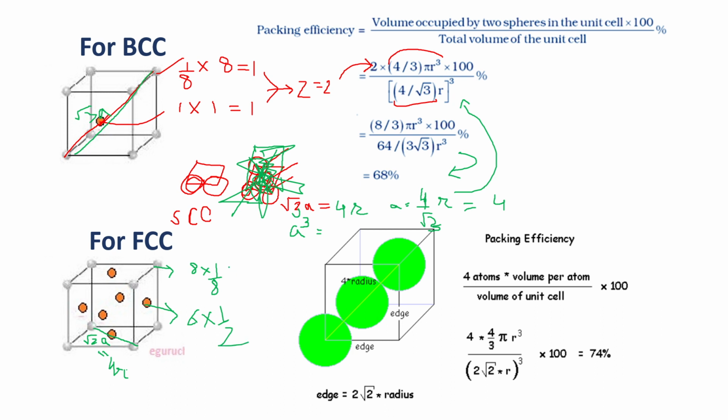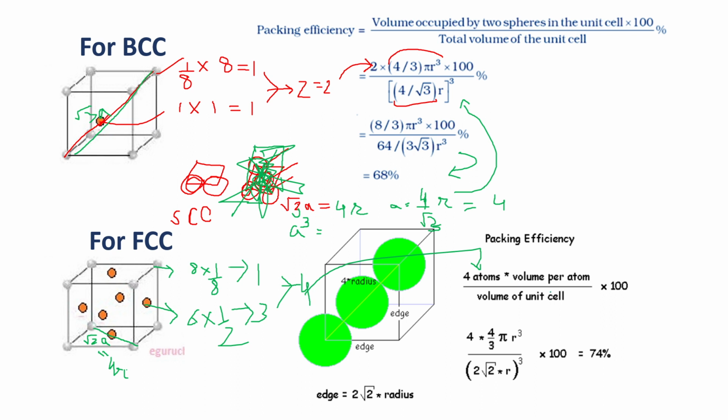So this comes out to be 1. This comes out to be 3. So 1 plus 3 gives 4. And this 4 is the 4 atoms over here.